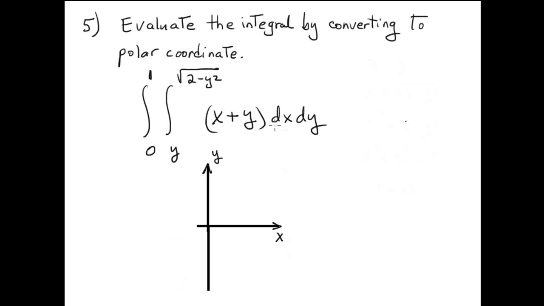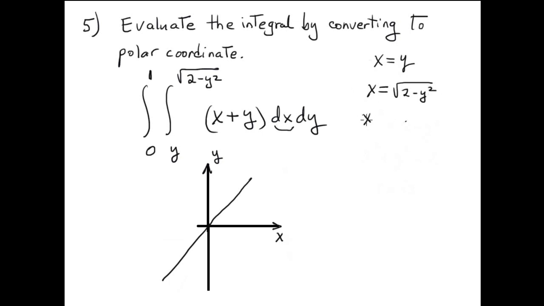The first layer of the integration was x, and these expressions are x values. The first one, x equals y, is a line that bisects the first quadrant and third quadrant. The second is x equals the square root of 2 minus y squared.